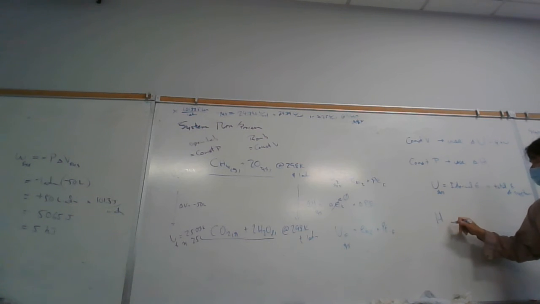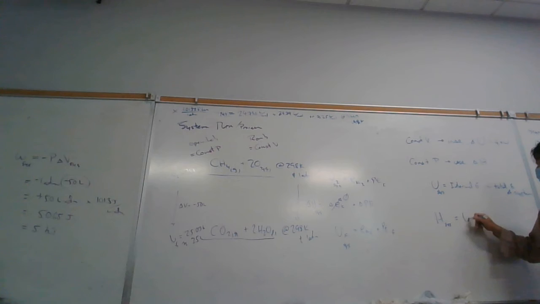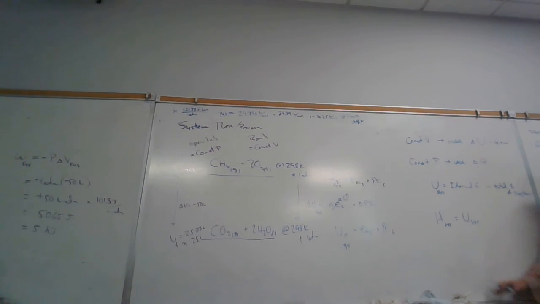H of the system is equal to U of the system. But there's one extra thing, and the one extra thing is the pressure volume state, the PV state, of the system.